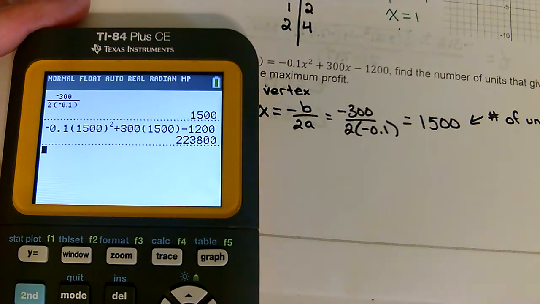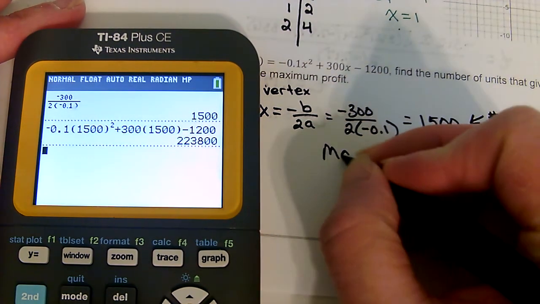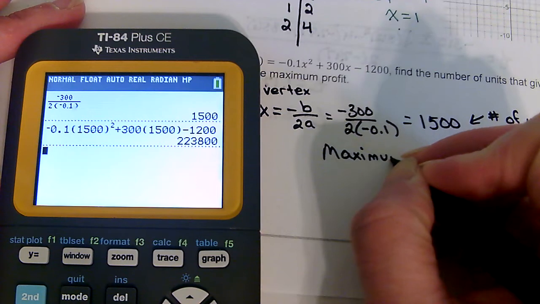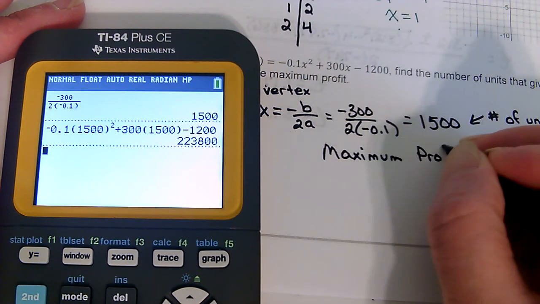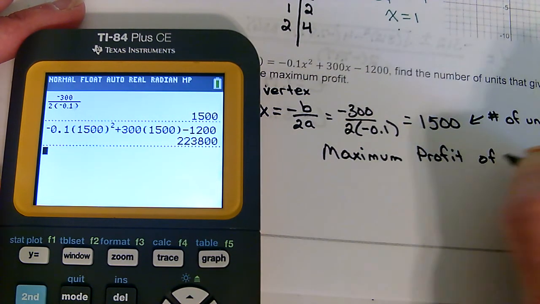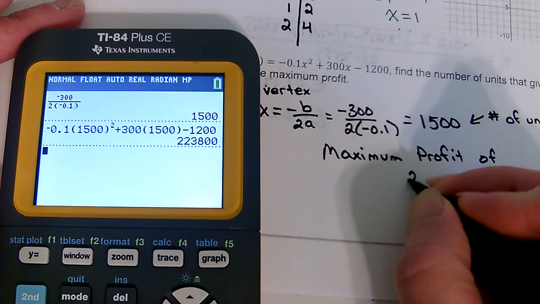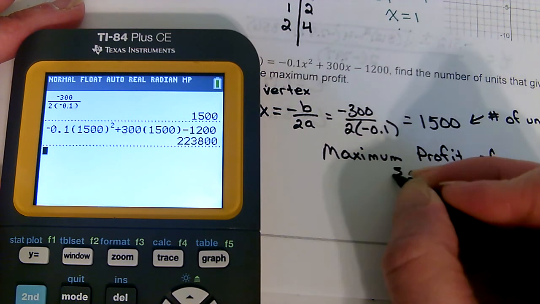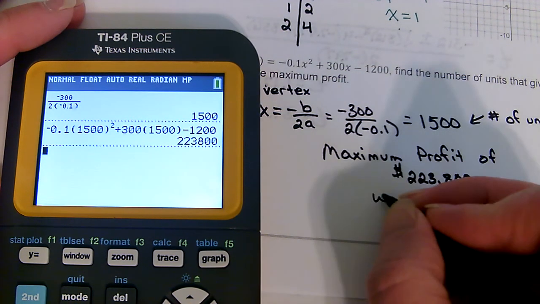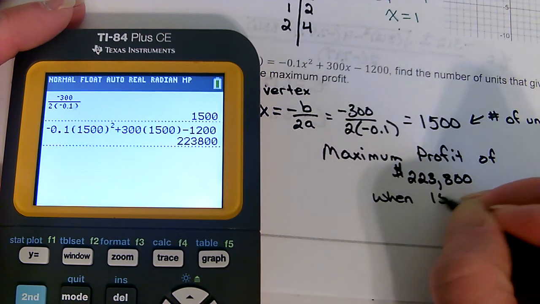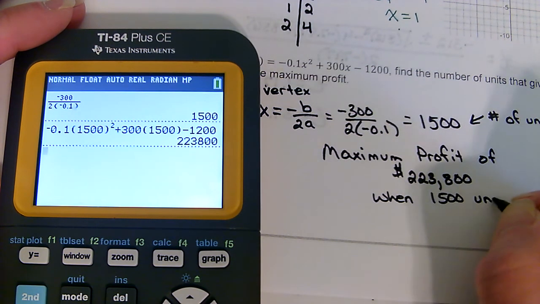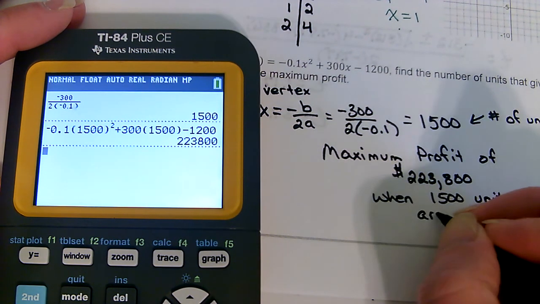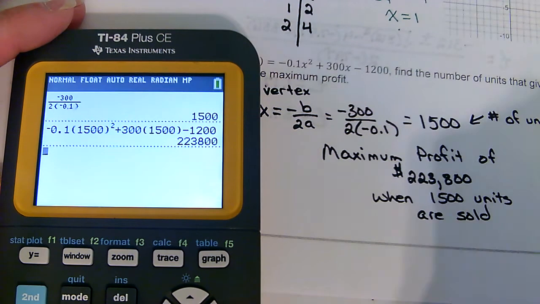And I get that we have a maximum profit of $223,800 when 1,500 units are sold.